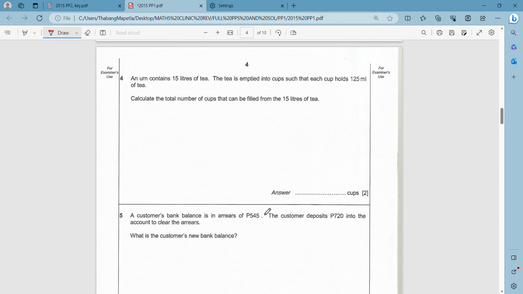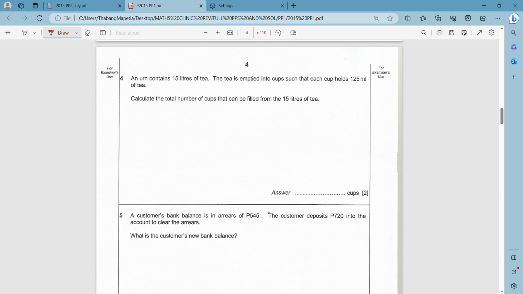We have a 15 liters container, but this container is going to be emptied into small cups, which are each 125 milliliters. So we want to know how many cups we are going to have. Calculate the total number of cups that will be filled. What is filled is like full, the total number of cups which are going to contain tea to the fullest or to the brim.